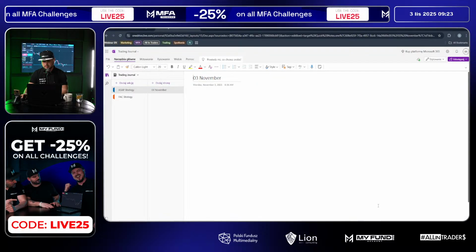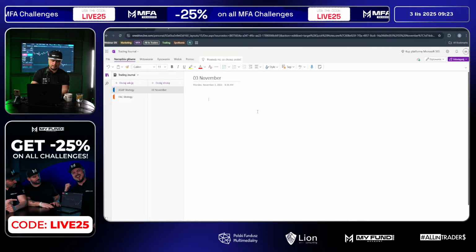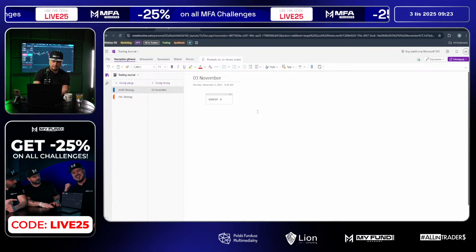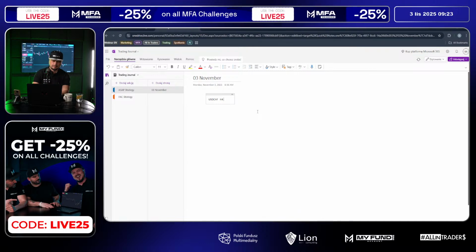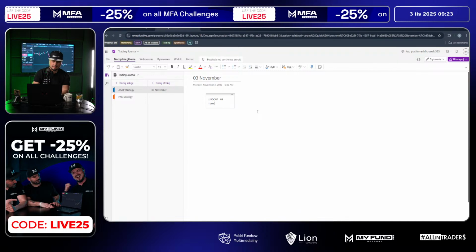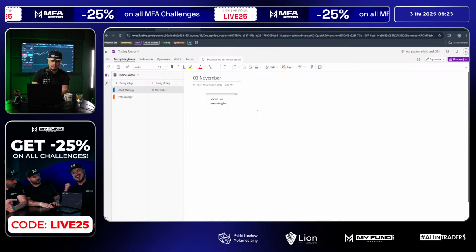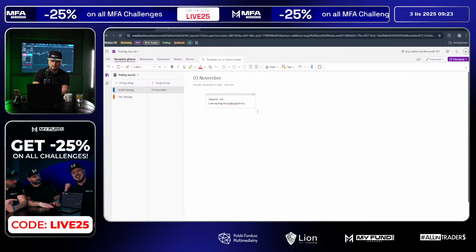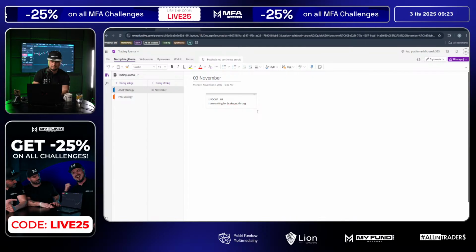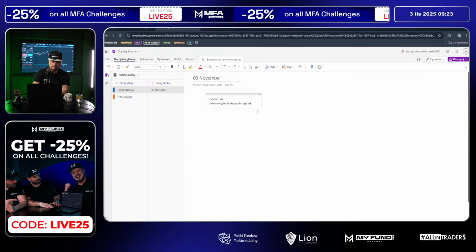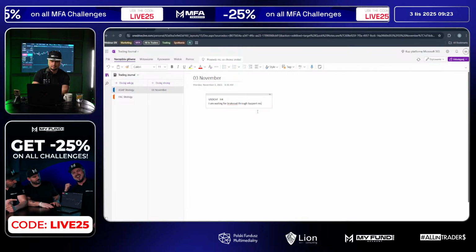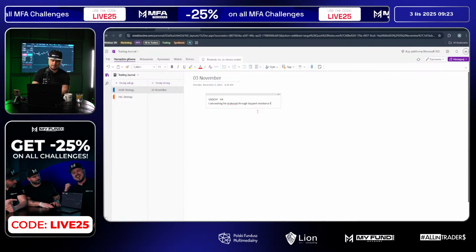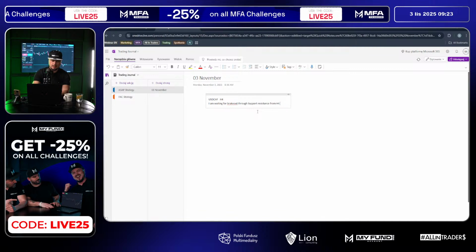So let's go to our trading journal and we're gonna put USD CHF. Okay, 4-hour time frame. I am waiting for breakout through support and resistance from 4-hour time frame.